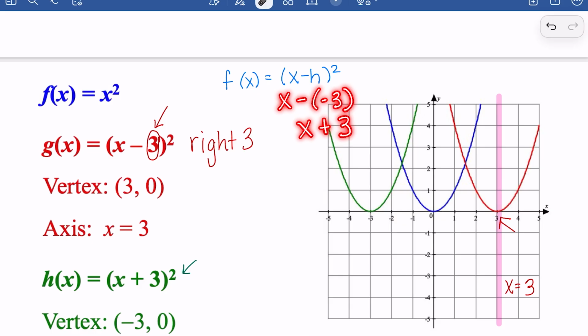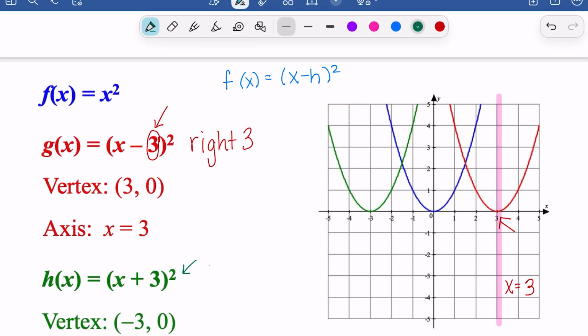That's why this works out to be going to the left 3 units. And my vertex is negative 3, so (negative 3, 0). Also, my axis of symmetry is at x equals negative 3.